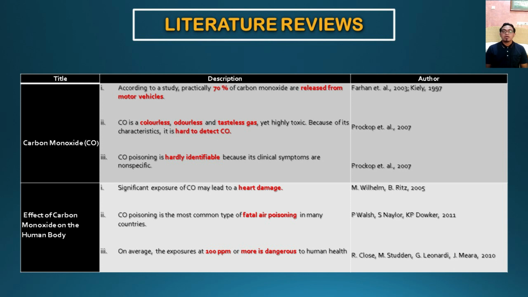Then, the effect of carbon monoxide on the human body. Significant exposure to CO may lead to heart danger. CO poisoning is the most common type of fatal air poisoning in many countries. On average, exposure at 100 ppm or more is dangerous to humans.